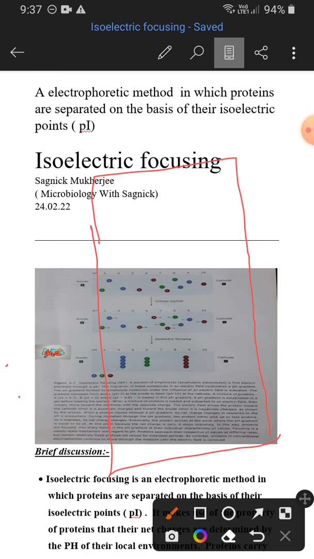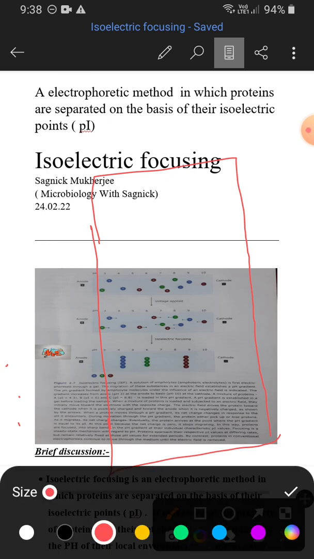Okay, this isoelectric focusing can resolve proteins having a difference in pi values of 0.01. That means proteins with a difference of one charge can be separated with the help of this technique.